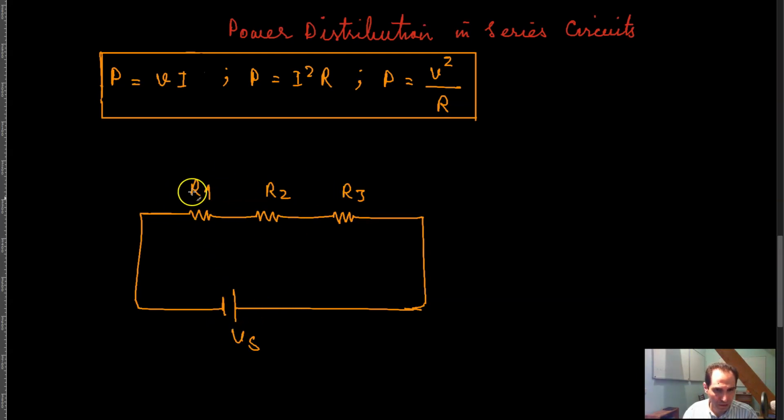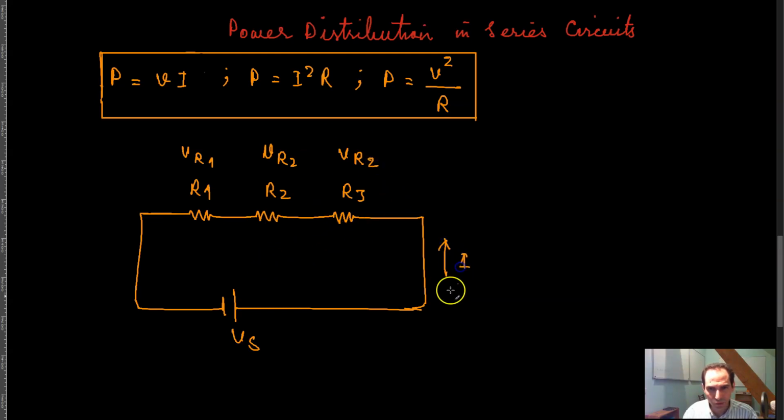So in this circuit you have R1, R2, R3, and V of S. You have some voltage across R1, which you can call V of R1, some voltage across R2, V of R2, and some voltage across R3, V of R3.